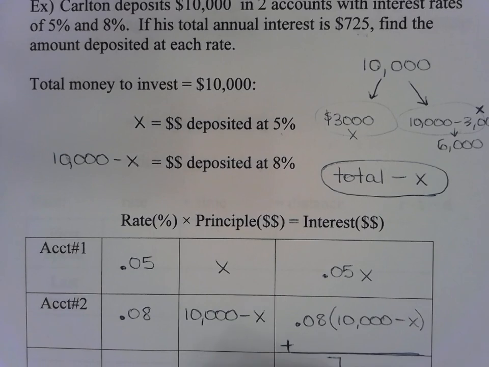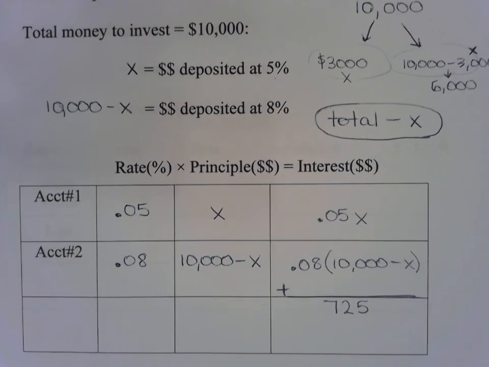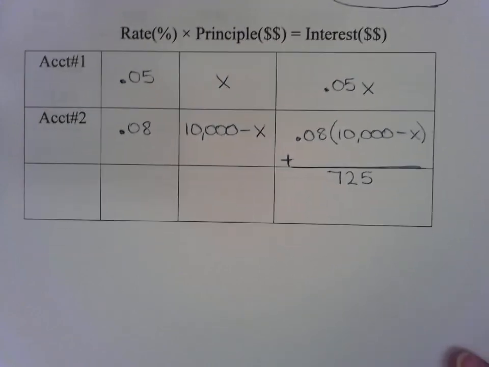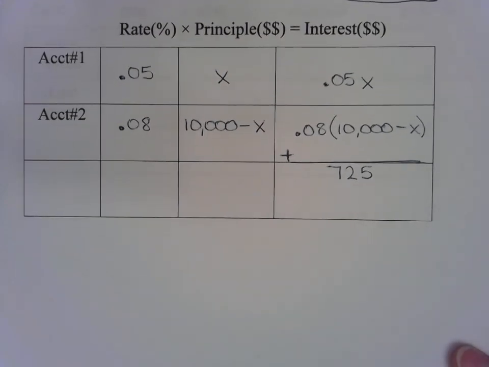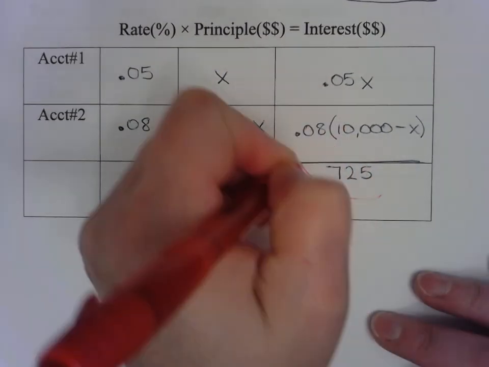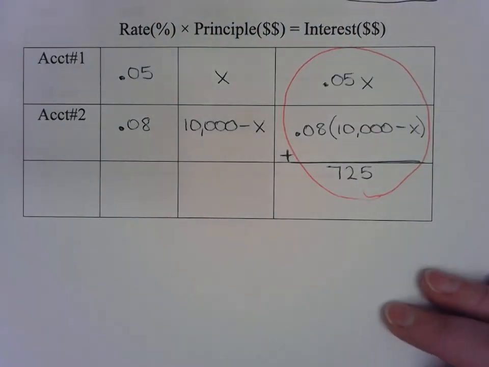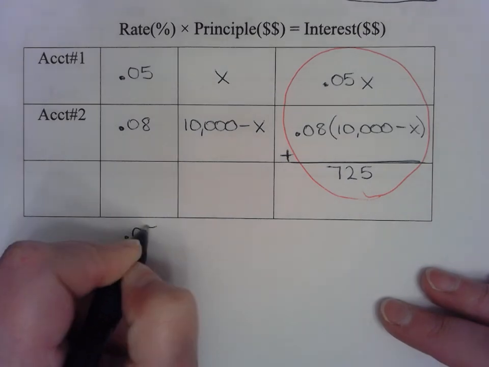So these two are going to add up to be $725 of interest. Okay, so that's our equation. Let's write that down. It'll be in this last column if you use this chart. So it looks like this.